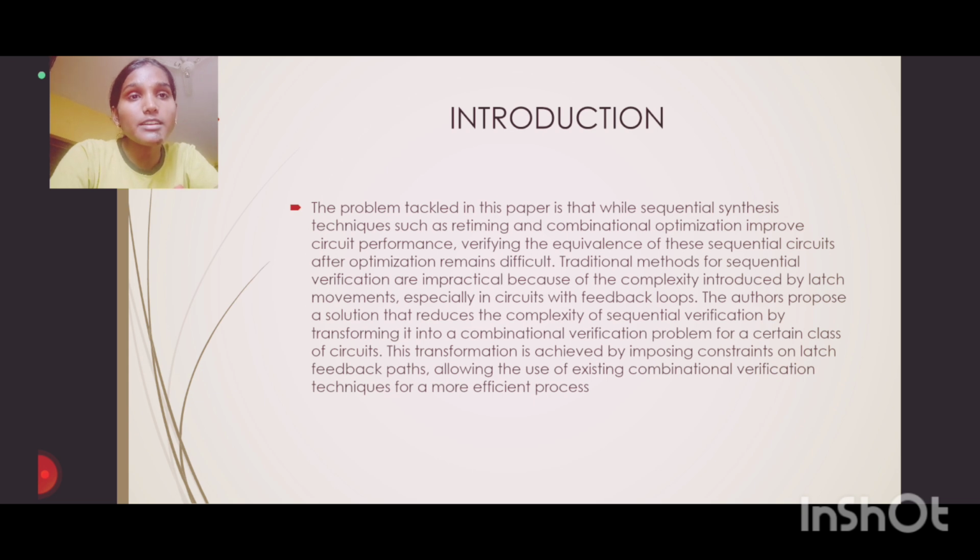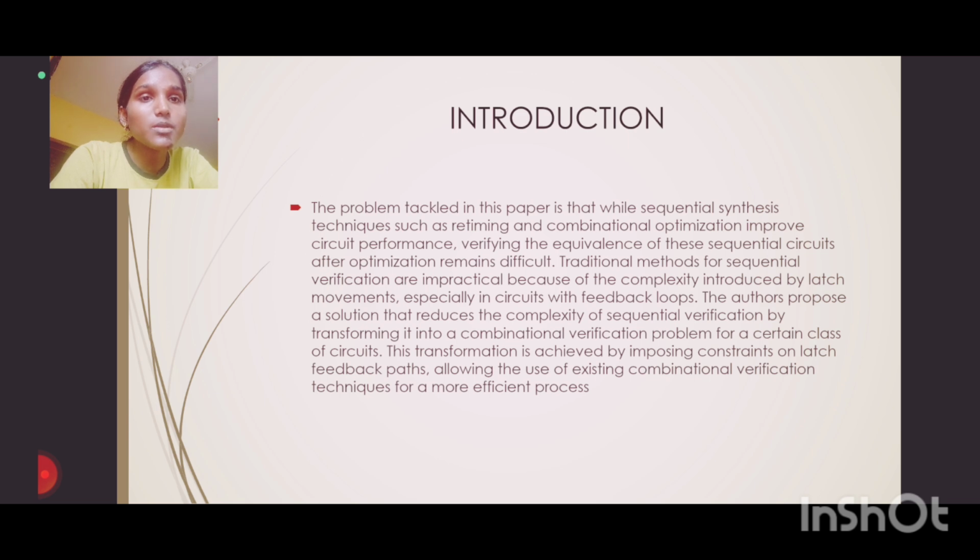Introduction. The problem tackled in this paper is that while sequential synthesis techniques such as retiming and combinational optimization improve circuit performance, verifying the equivalence of these sequential circuits after optimization remains difficult. Traditional methods for sequential verification are impractical because of the complexity introduced by latch movements, especially in circuits with feedback loops.